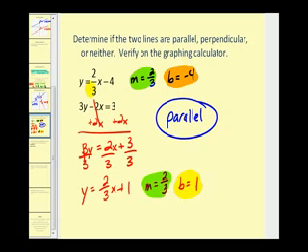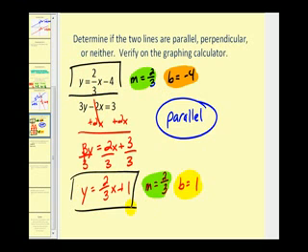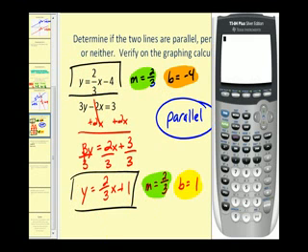Let's verify this graphically as well by graphing this first line and this second line on the graphing calculator at the same time. So we'll press y equals, and we're going to type in 2/3 x minus 4. So we're going to put the fractional slope in parentheses times x minus 4.